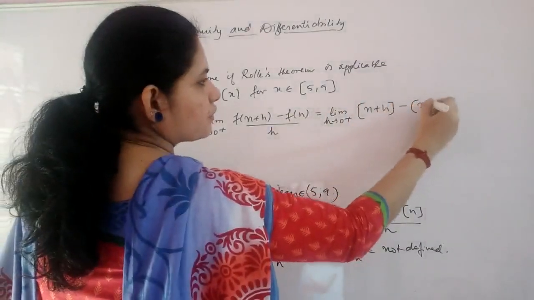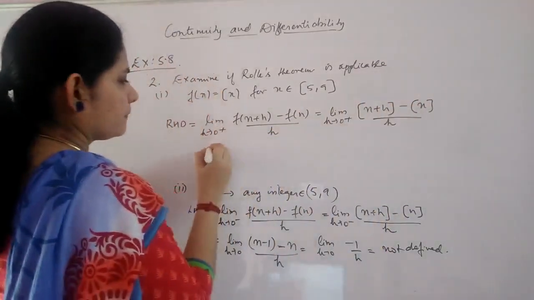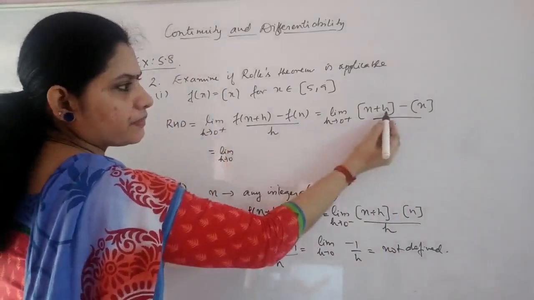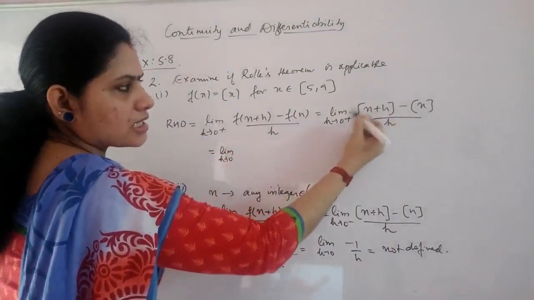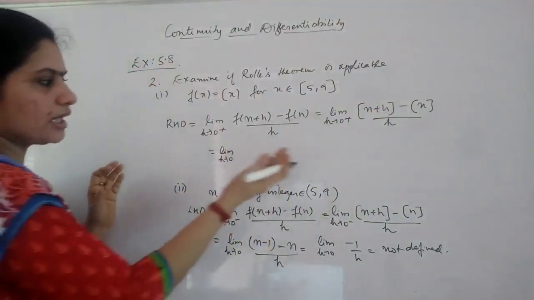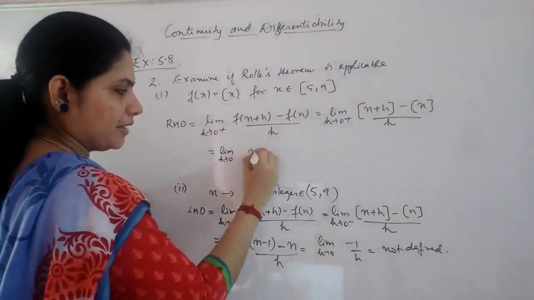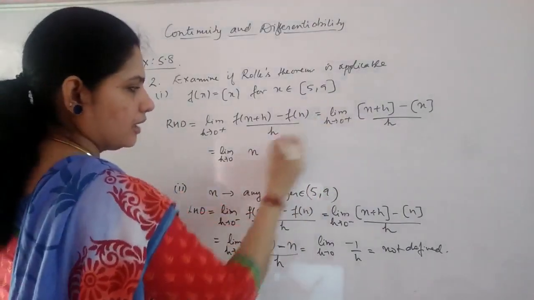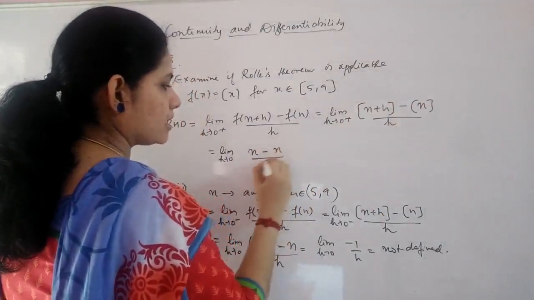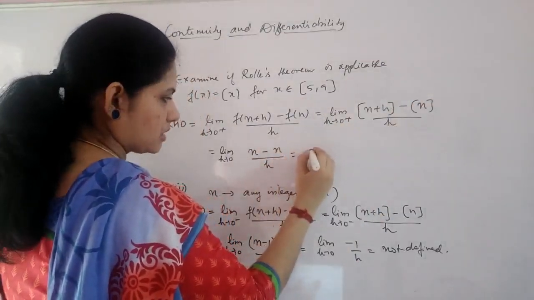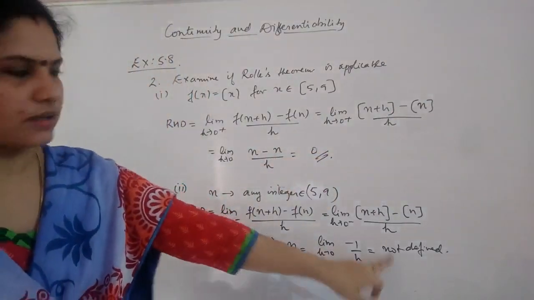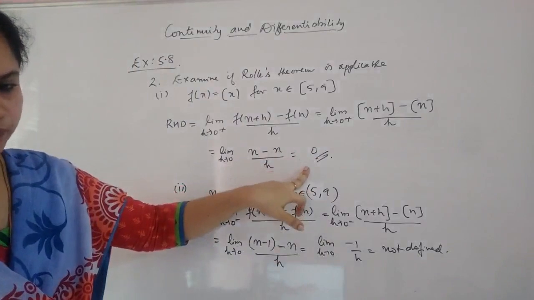And this is greatest integer of n divided by h, which is limit h tends to 0. What you will get when substituting the value of h as 0 point something, it will become n plus something, that is greater than n. So the integer which you will get will be n for the first one. Next one is already n, so there also you are getting n divided by h, that is, it is 0 by h, right? Or you can say 0.